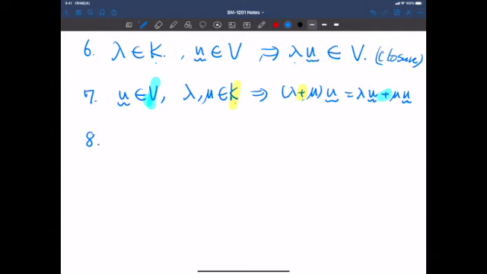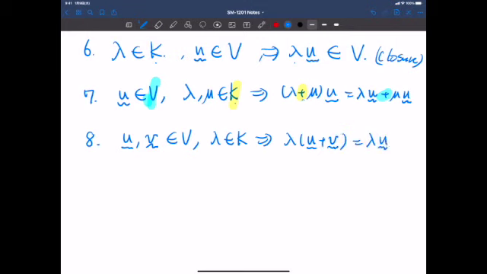And 8. If u and v are vectors and lambda is a scalar, then lambda times u plus v is equal to lambda u plus lambda v.